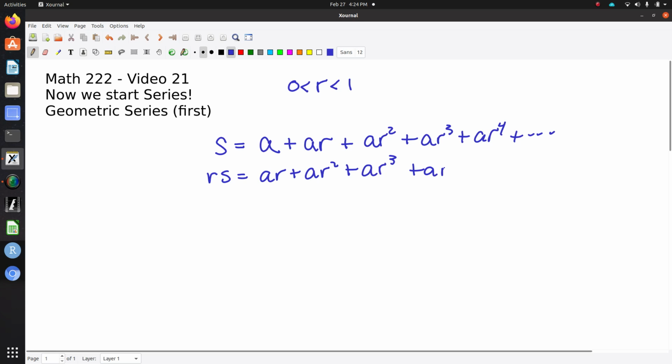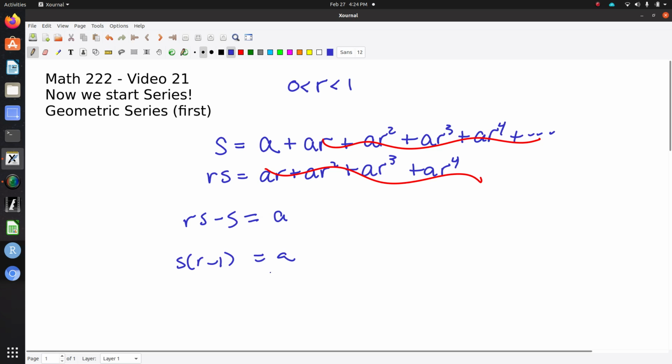Okay, and so now I'm going to go like rs minus s equals what? So all this stuff cancels out, right? And then I'm going to just get a. I'm going to factor out the s, and I'm going to get s is equal to a over r minus 1.